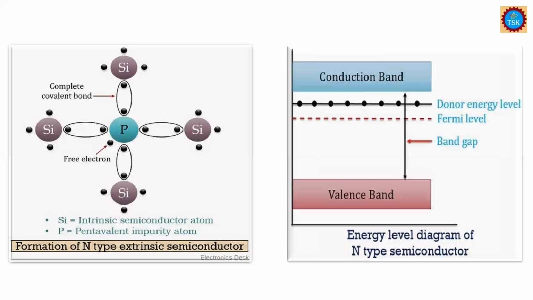Next, the extrinsic semiconductor. We know that extrinsic semiconductors are of two types, p-type and n-type.